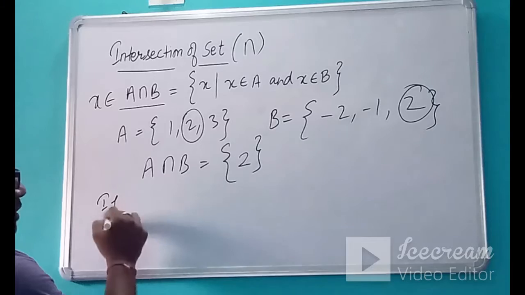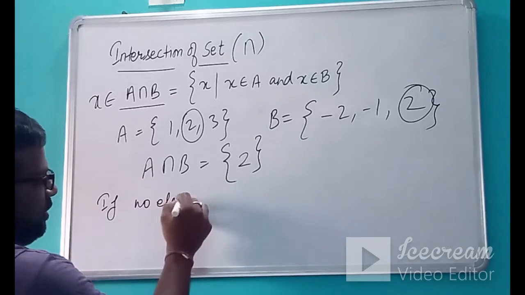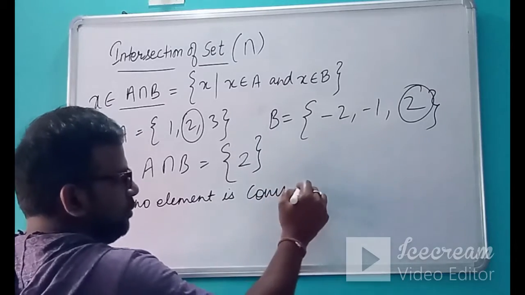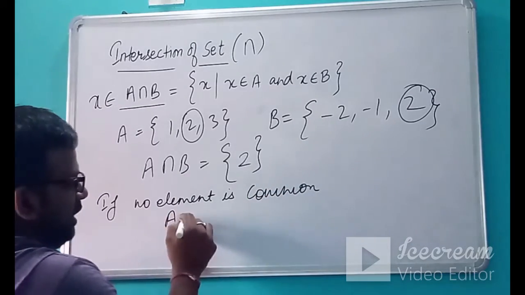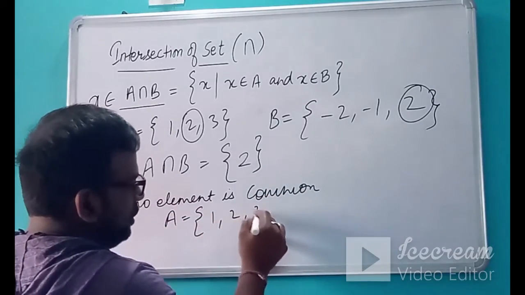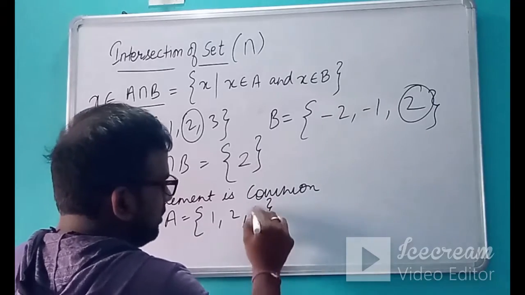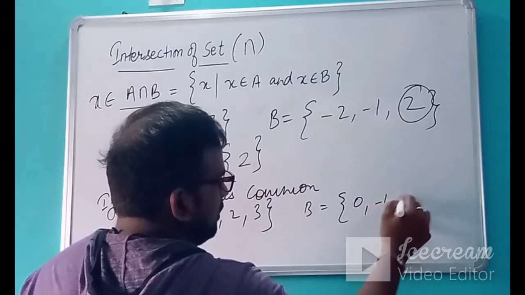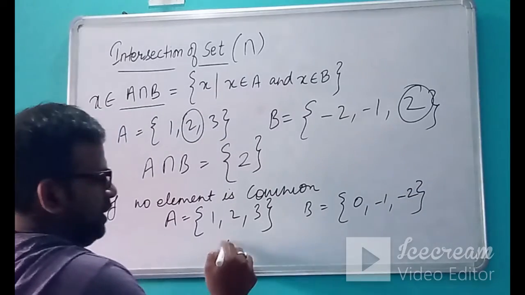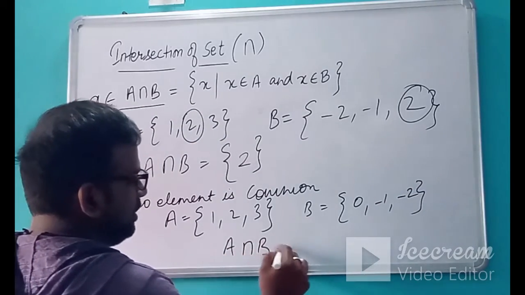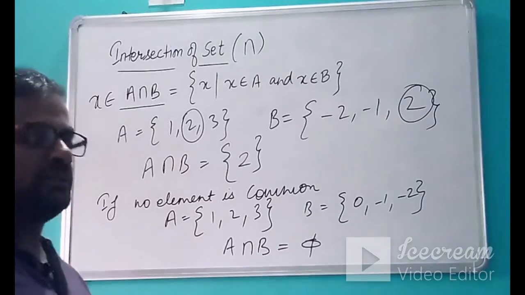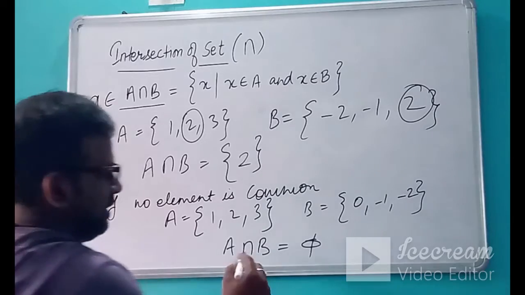If no element is common, suppose you have a set like this, written {1, 2, 3} and one set is {0, -1, -2}. So if you take A intersection B, it will be the null set like this. Okay, so if no element is common, in that case what is A intersection B?